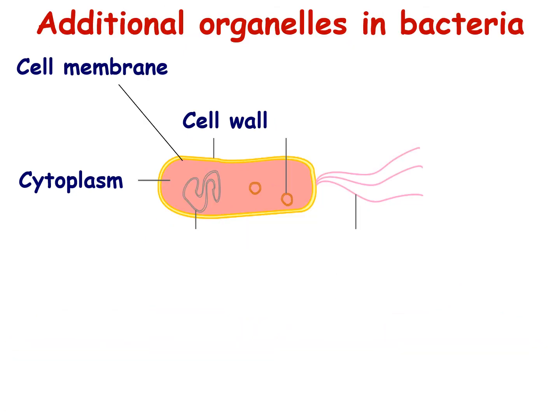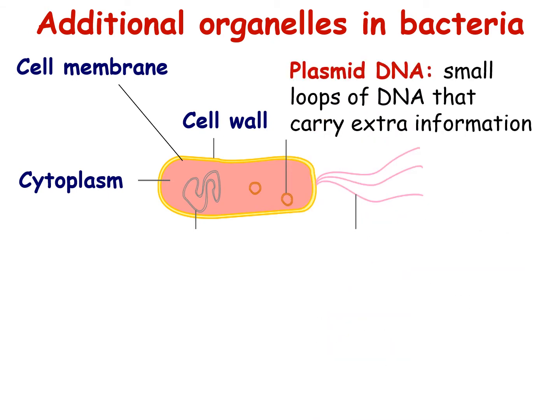Okay. So there are also some additional organelles in the bacterial cell that you don't necessarily find in plant and animal cells. So we have a loop of DNA, so it's a circle of DNA which is known as plasmid DNA.